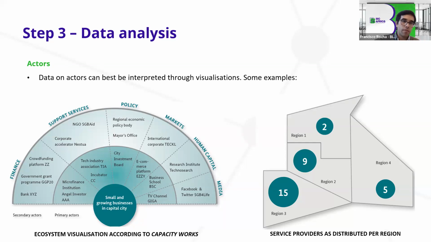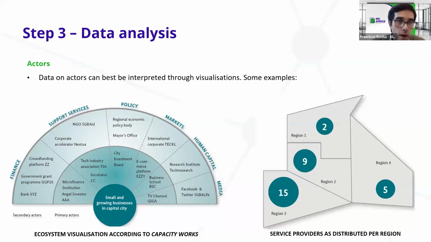So we will have, according to this, the primary actors, who are the primary actors in finance for our ecosystem. You'll see there's some examples. What are the primary actors for support services? Are there incubators there? What are the incubators? Is there an association associated with this topic? At the policy level, the primary actors.